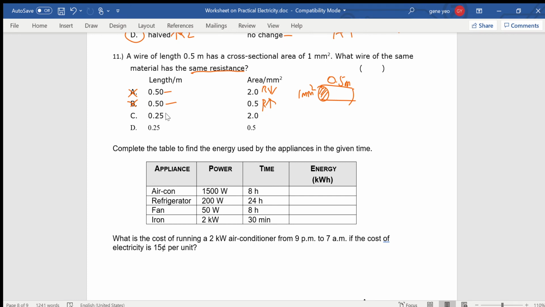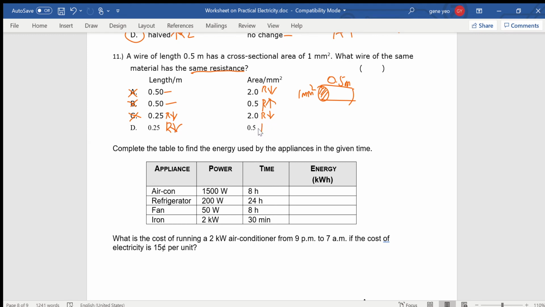Okay, so now the length drops by 2 times, means the resistance drops. The area increase, so the resistance also drops. So the resistance is even smaller, which is not what we want. Okay, so now length drops means resistance drops.